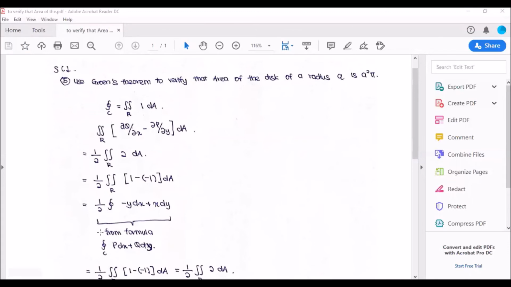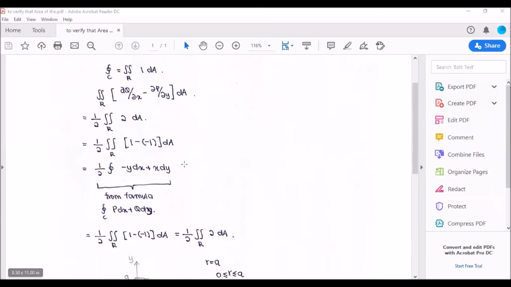Actually, this is just the reverse version of Green's theorem that we always do. We just want to take half double integral over a region 2 dA and straight away do this equation, but I just want to give you the idea of how we got 2.